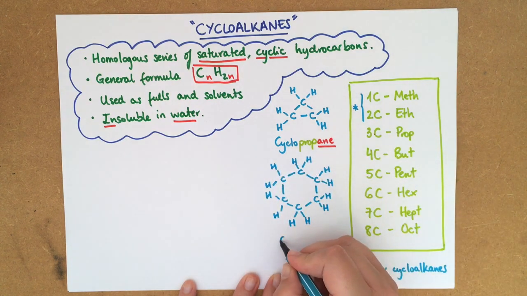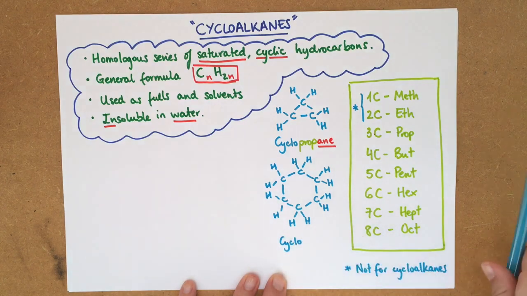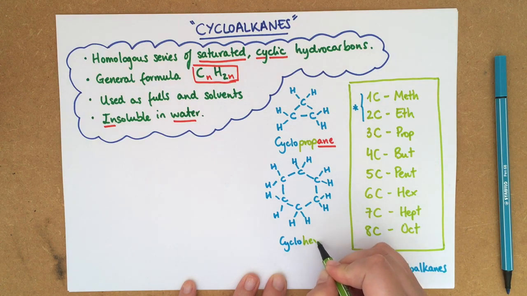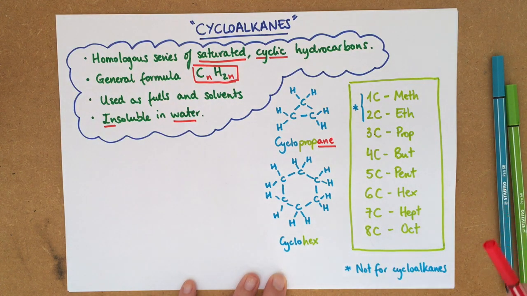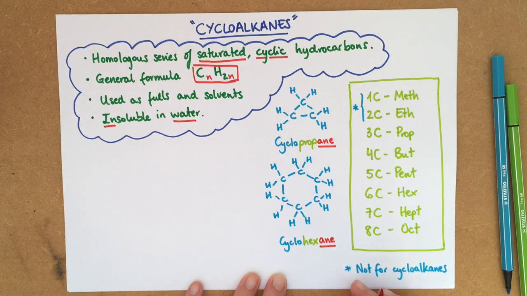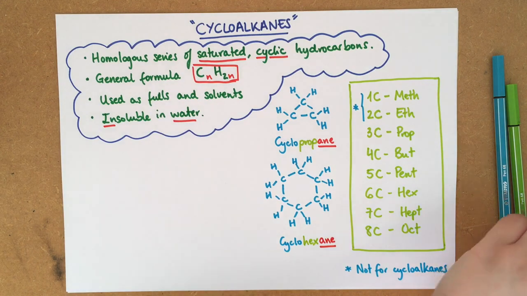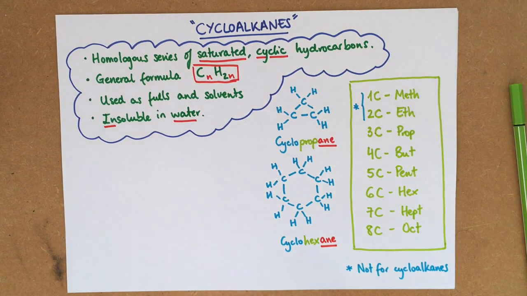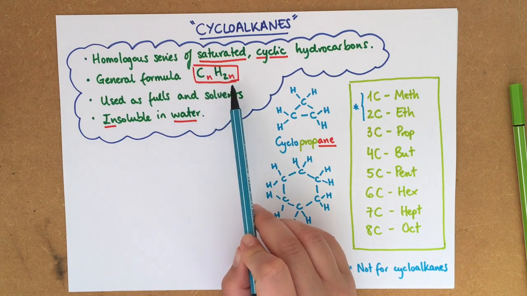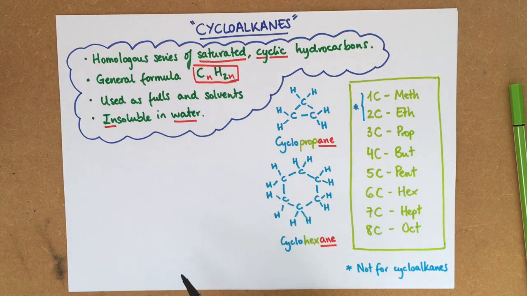And we name it cyclo, 6 carbons, hex, no double or triple bonds, only single bonds, so ane, cyclohexane. Cycloalkanes have the same general formula, CnH2n, as alkenes, and we're going to try and see why in a second.